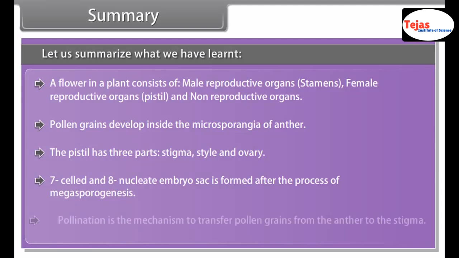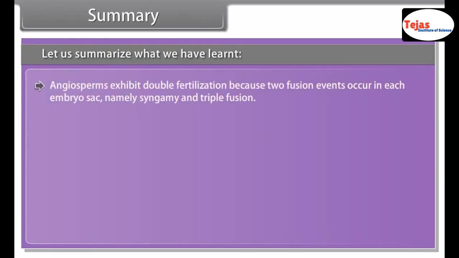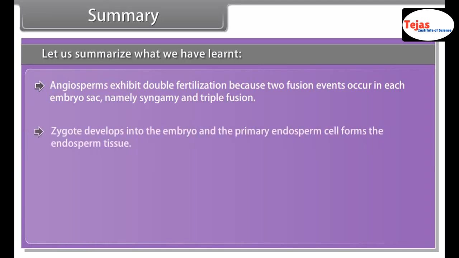The pistil has three parts: stigma, style, and ovary. A 7-celled and 8-nucleate embryo sac is formed after the process of megasporogenesis. Pollination is the mechanism to transfer pollen grains from the anther to the stigma. Angiosperms.